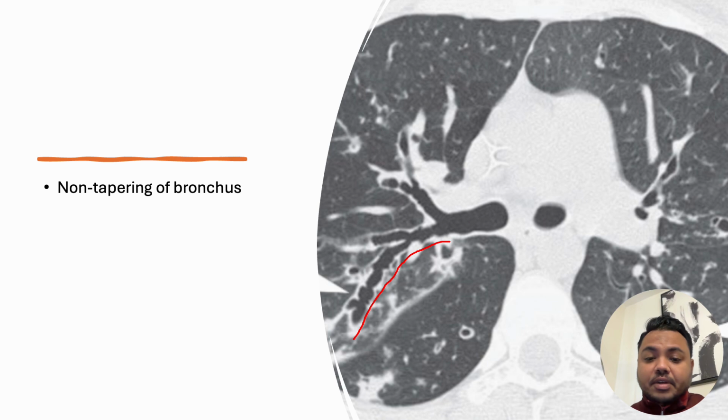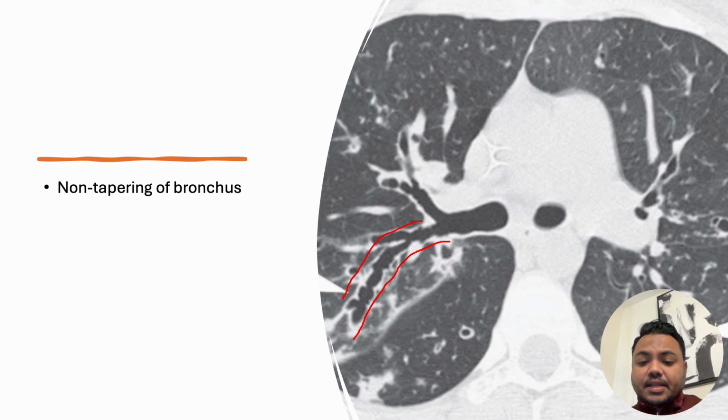This is not how it is on a normal CT. On a normal CT, generally the bronchus tends to taper as it moves from the proximal to the distal territory. But if you have a look here, the bronchus is completely non-tapered and dilated from proximal to distal. This is a classical feature of bronchiectasis.